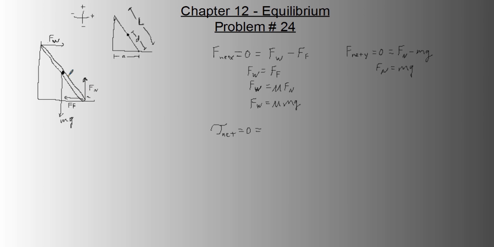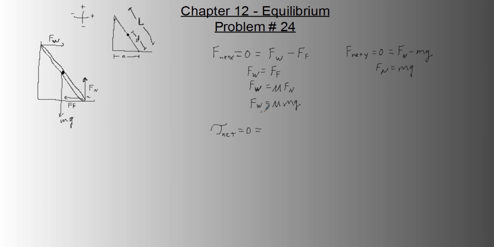If we make this our pivot, then we're going to have three forces in our torque net equation: this one, Fw, Fn, and Ff. But if we make this our pivot, then we only have two to worry about, this one and this one. So I'm going to do it that way, and it makes the trig easier too.